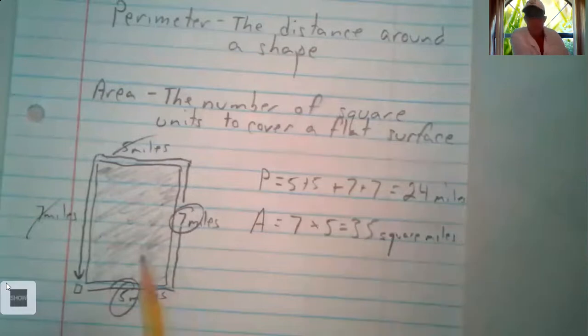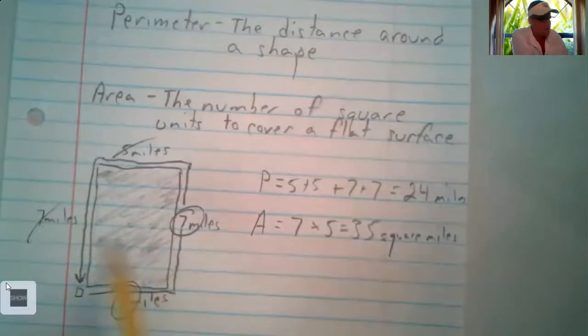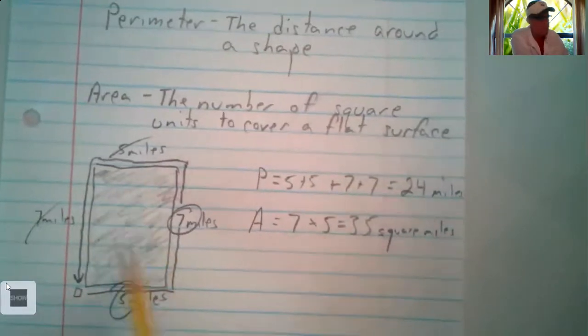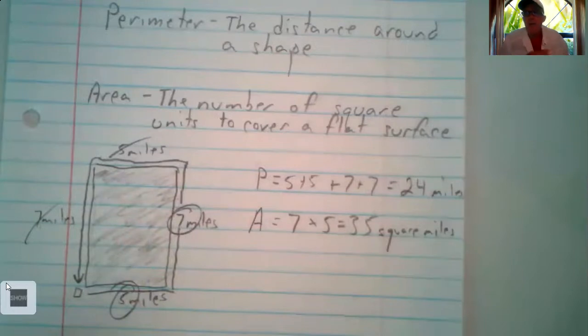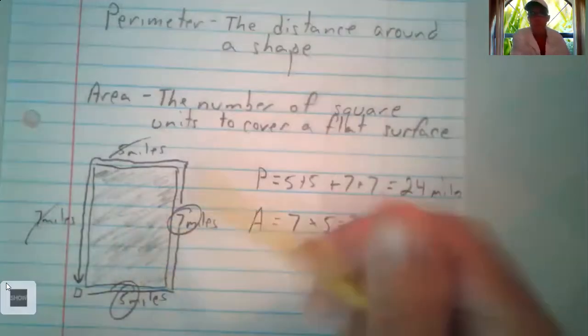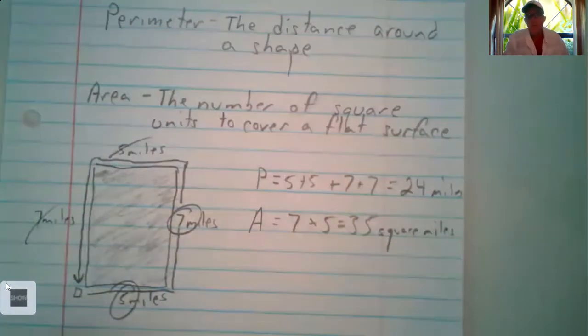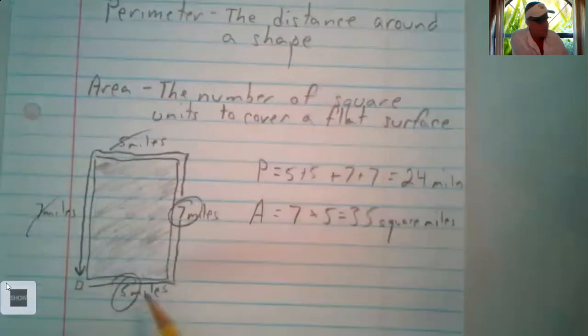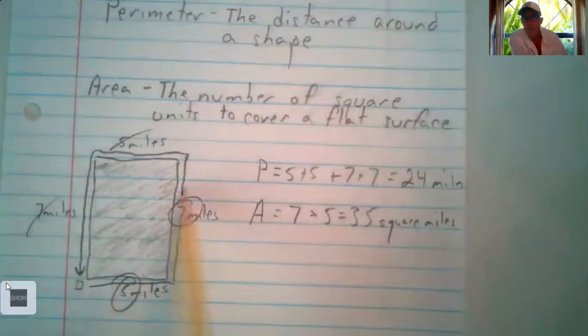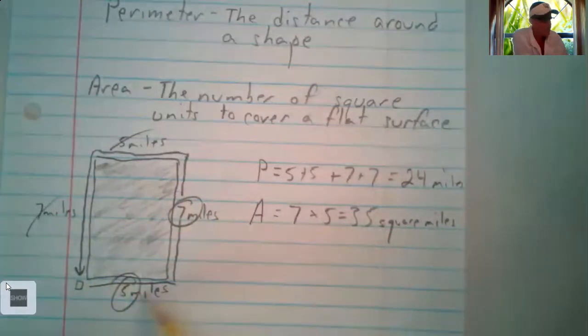Now, what you might remember from third grade is that some of you may have worked on grid paper, or you may have had the squares actually drawn out for you. Do not try to draw out your squares, because you'll probably get it wrong every time, especially when we know the formula is simply as easy as length times width. 7 times 5, forget about counting up all those squares. 7 times 5 is 35 square miles.